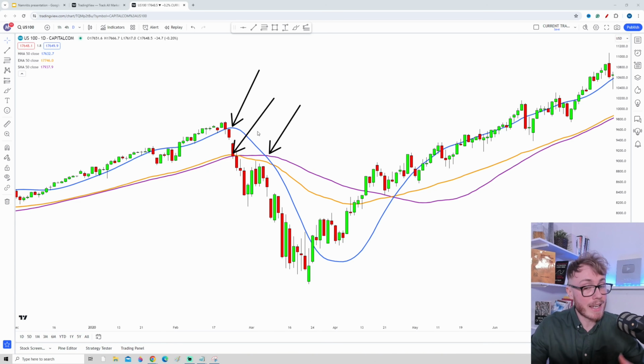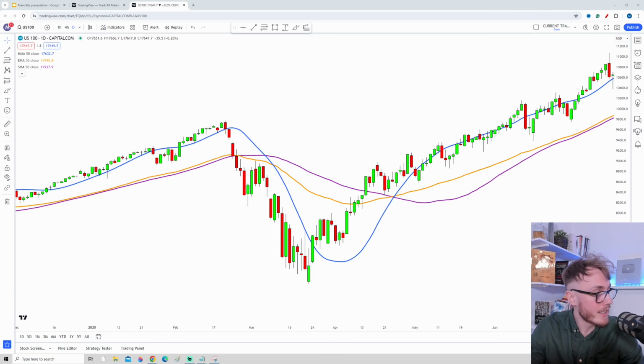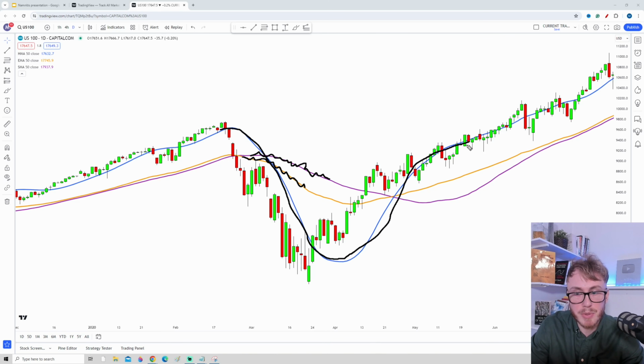So the HMA is much more responsive compared to the EMA and the SMA. But interestingly enough, you can also see that the HMA has a smoother movement. You can, for example, see that the EMA goes a little bit up and down, and you can also see that the SMA goes a little bit up and down, while the HMA prints a very smooth line.